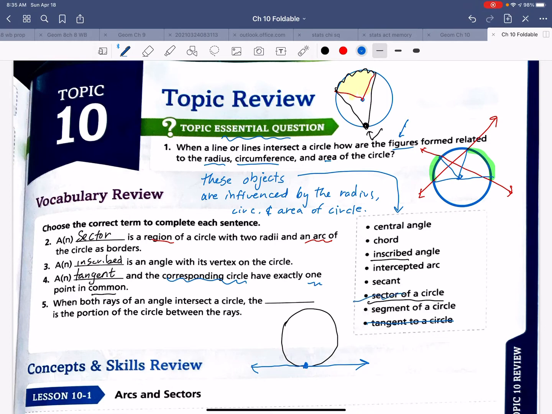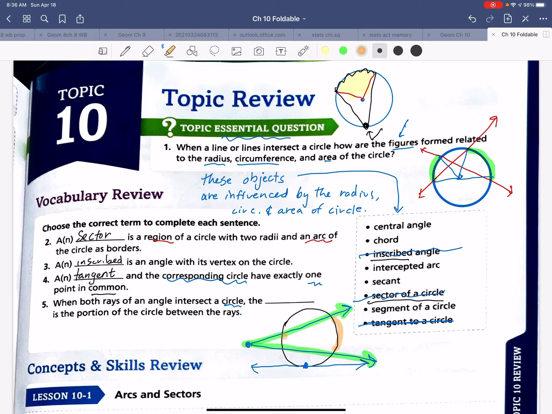And so we've used each of these. Now it says, when both rays of an angle intersect a circle, the blank is the portion of the circle between the rays. So using this same circle, if I have an angle, let's say our angle's out here, and both of the rays, this ray and this ray, intersect the circle, then the blank is the portion of the circle between the rays.